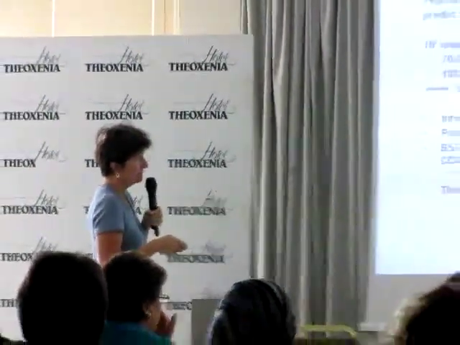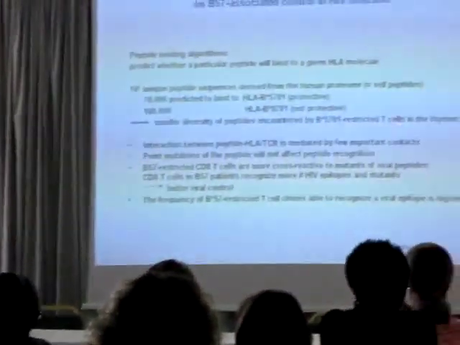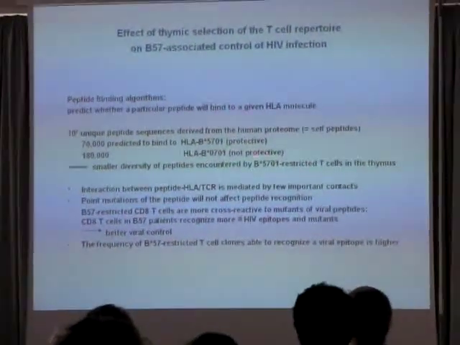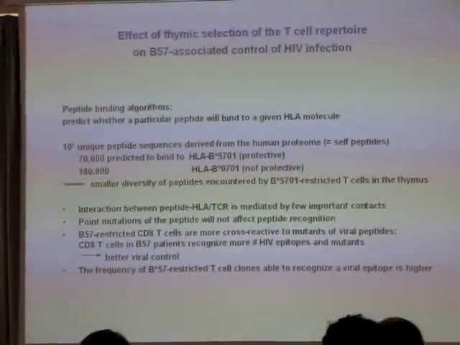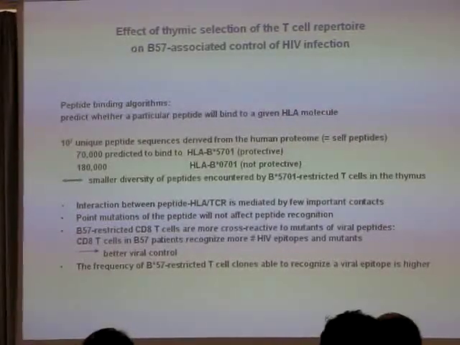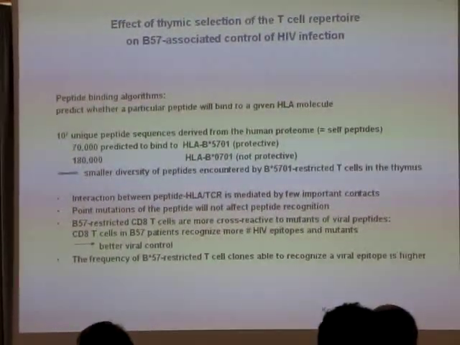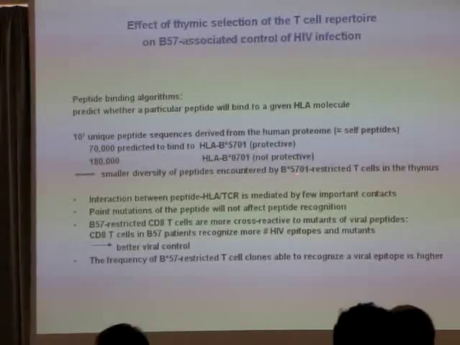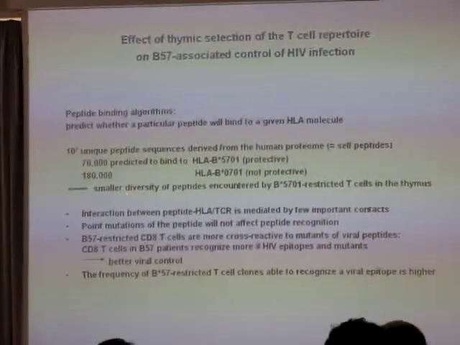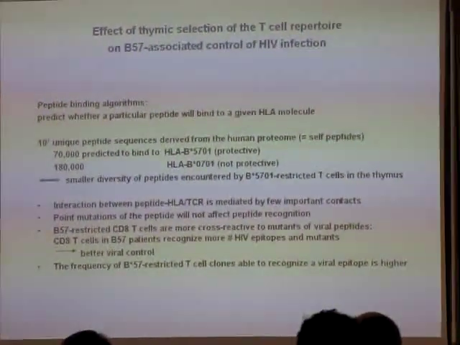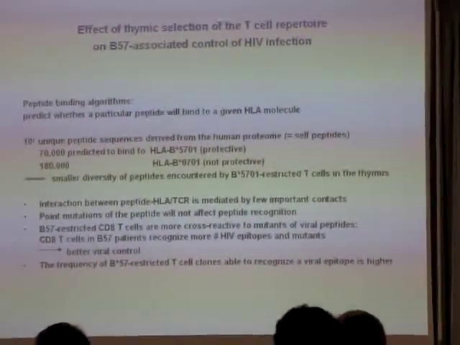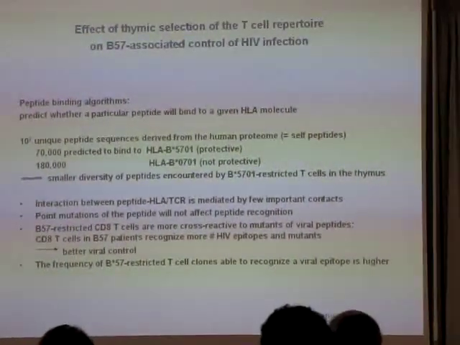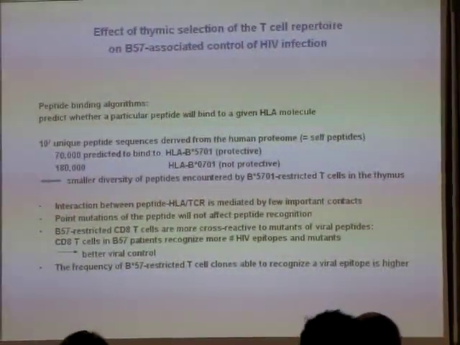So it means that the peptides which are encountered by B57 restricted T cells in the thymus, you know that T cells are educated in the thymus, will be a smaller number of peptides presented by B57 than for T cells restricted to another allele.